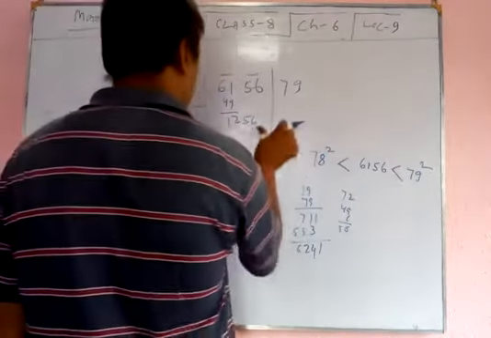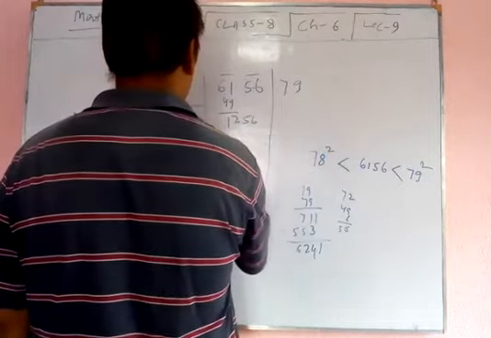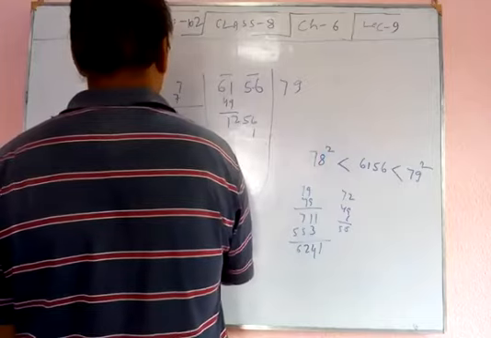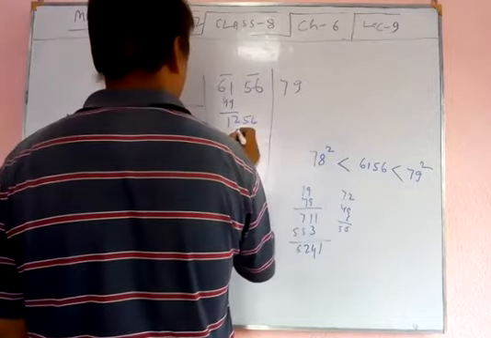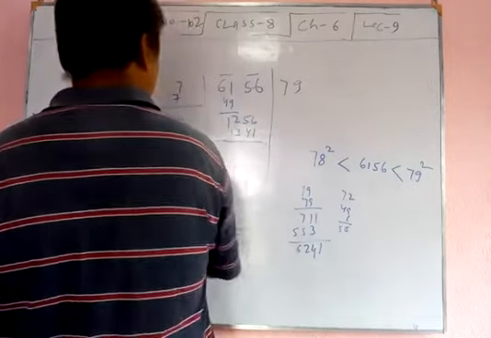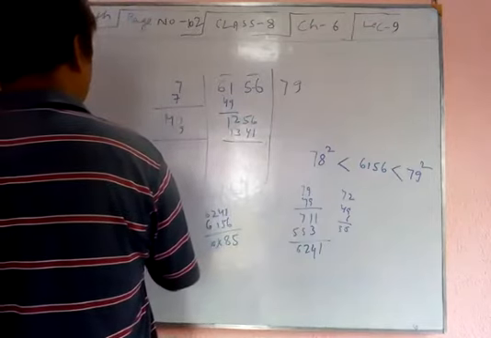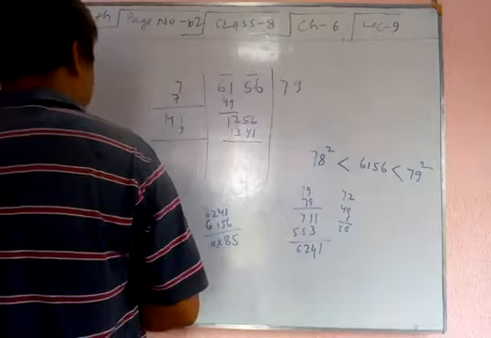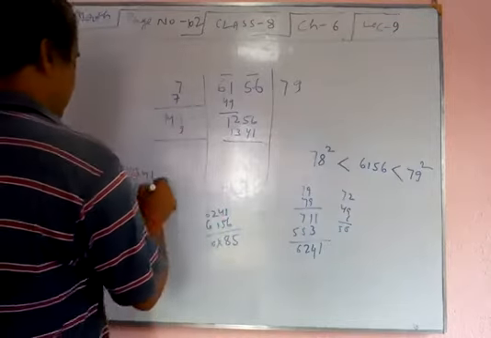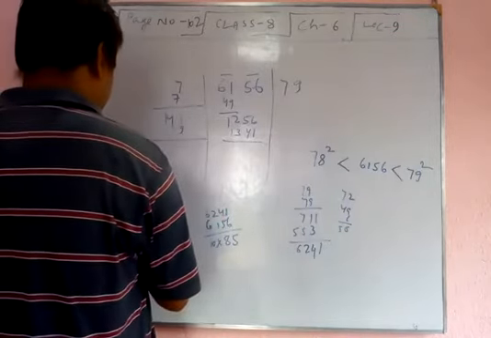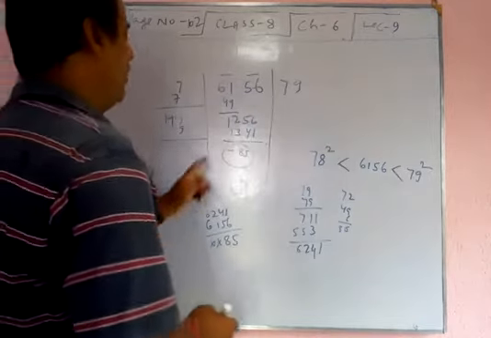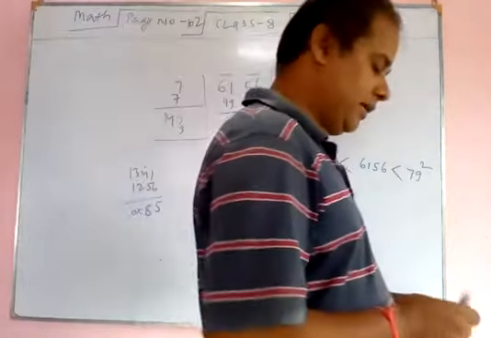Then you can put here that is 1 8, 4 31, 1341 minus 1256. That means minus 5 and 8, so minus 85. So this is the answer. If you add here, you will get the 79 square.